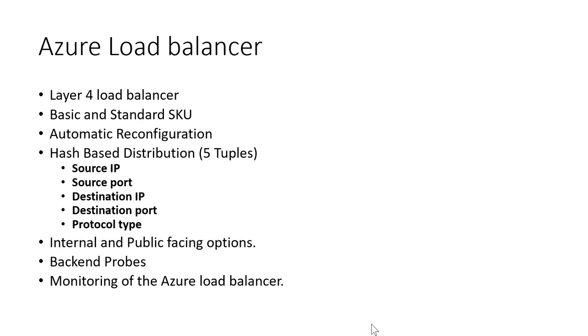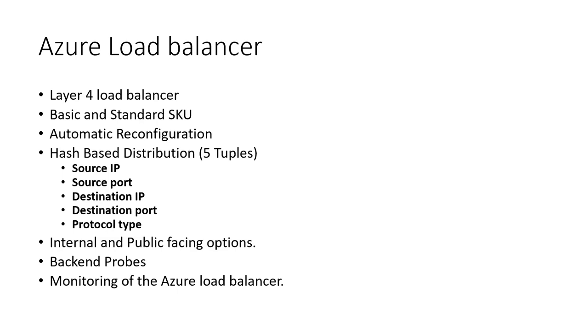A server is available to receive the new flows when the health probe indicates a healthy backend endpoint. By default, the load balancer uses a five-tuple hash. There are also two options of the load balancer: you can have an internal-only facing load balancer or a public-facing load balancer.